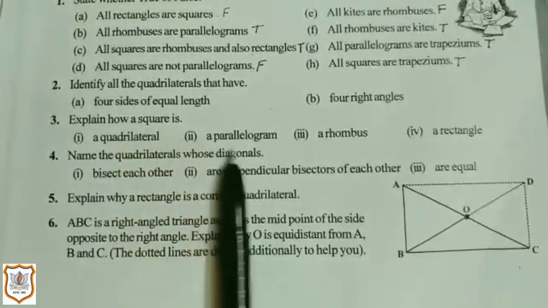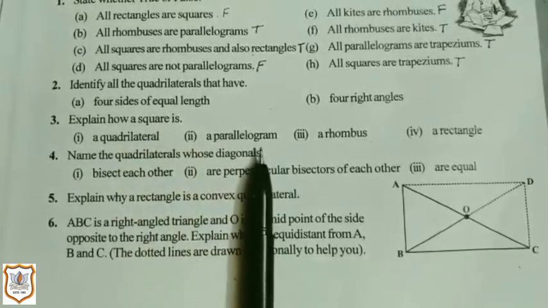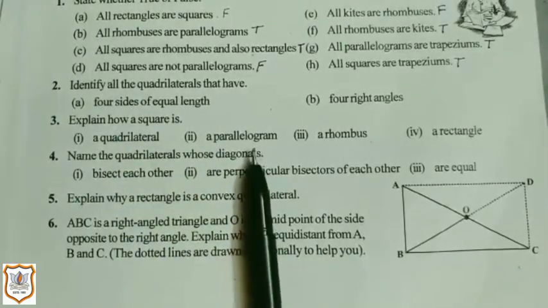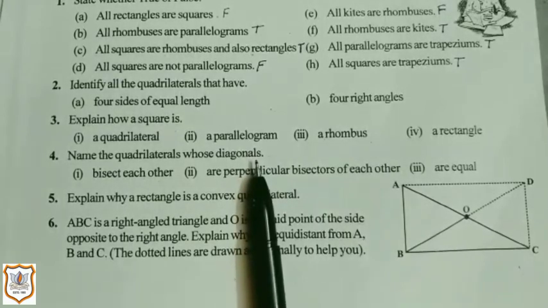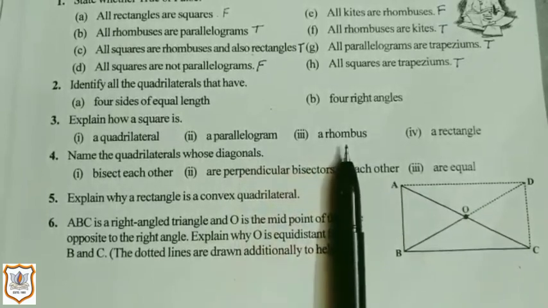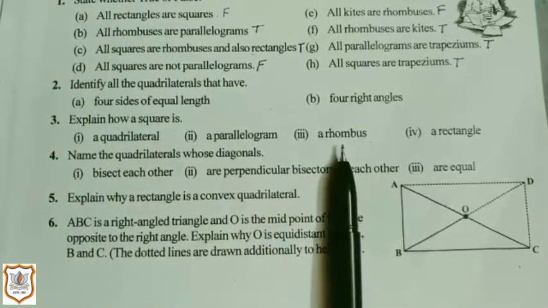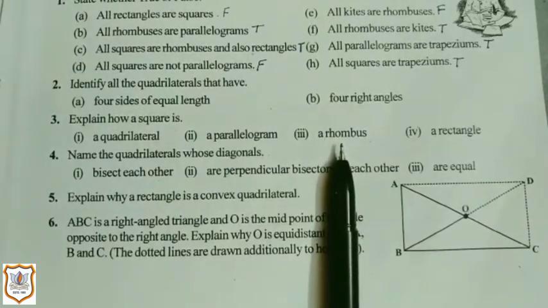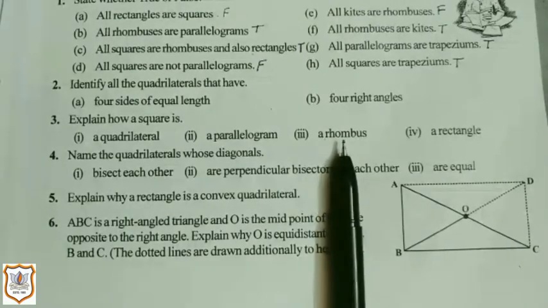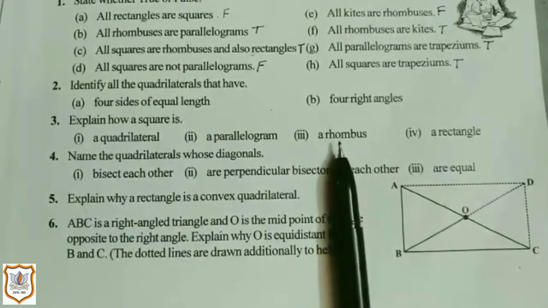A square is a parallelogram because a square has its opposite sides parallel, so it is a parallelogram. Next, a square is a rhombus. So students, a square is a parallelogram with all 4 sides equal, so it is a rhombus.